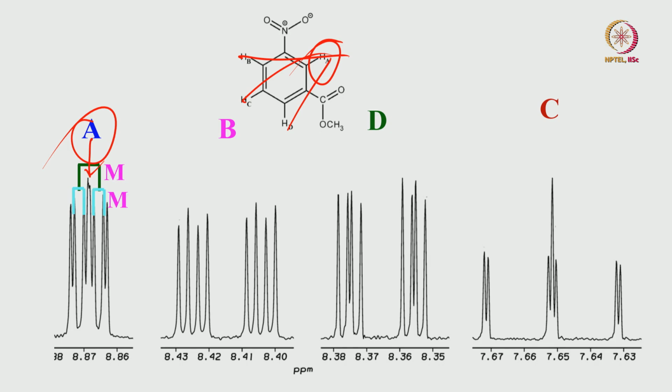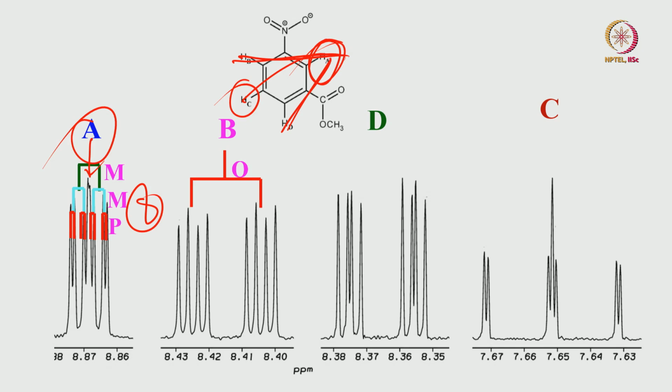It will become a doublet of doublet because of meta coupling, and this is also there. This will split into para coupling. So it will become an 8-line pattern. Here this meta coupling and this meta coupling are not identical. As a consequence, it is not a triplet of doublet. It is only a doublet of doublet of doublet. So it is an 8-line pattern. It agrees with the chemical shift predicted, also agrees with the splitting pattern.